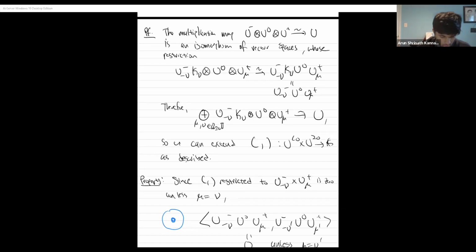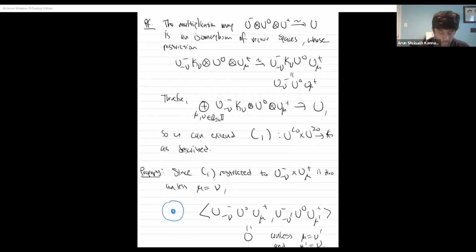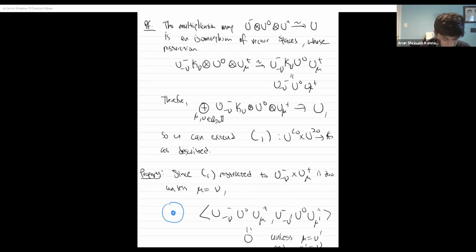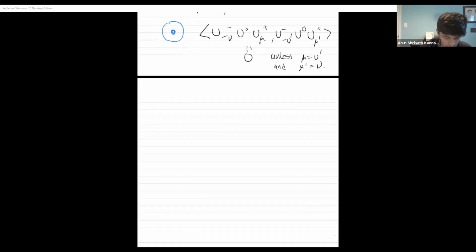Okay, so we've constructed this invariant form. Well, we haven't quite shown that it's invariant, but we've constructed this form. Let's look at some properties. Let's recall the adjoint representation of a Hopf algebra.